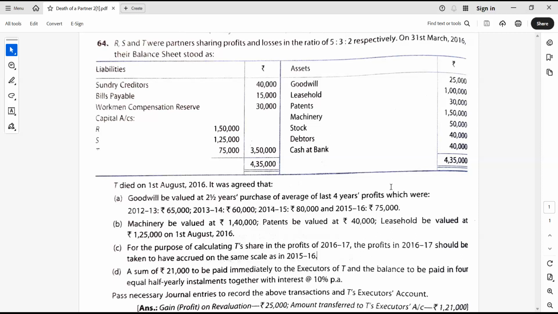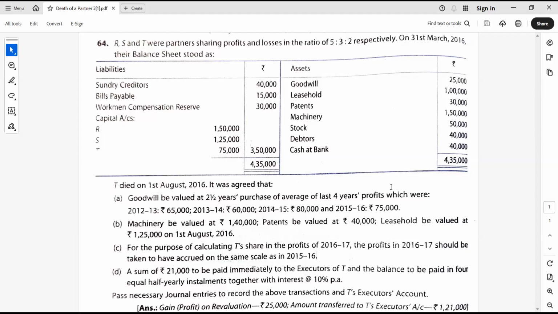All these things are given. T died on 1st August 2016. It was agreed that goodwill be valued at 2.5 years purchase of average of last 4 years profit, which were 2012-13 65, 2013-14 60, 80, and then 75.